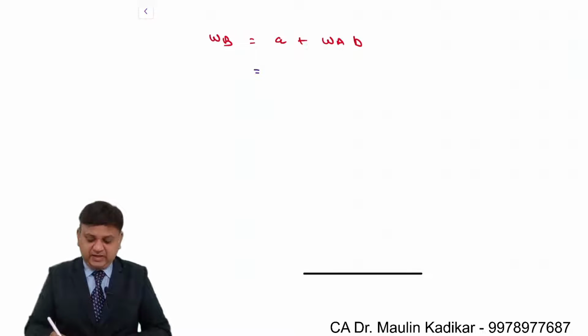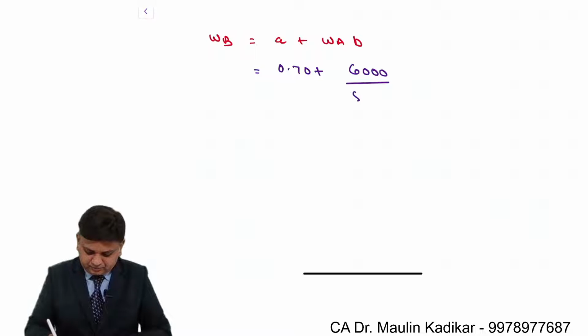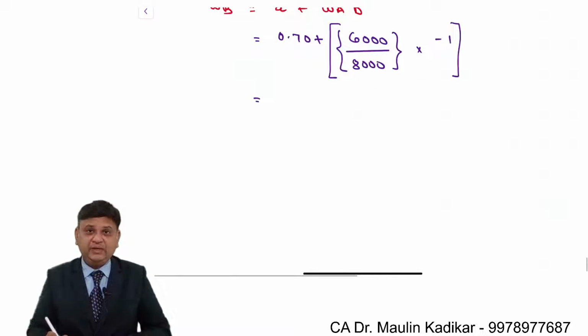What is the value of A? It is 0.70. What is the weight of A? 6,000 divided by 8,000, into B. What is the value of B? It is -1. So what will happen here, students?